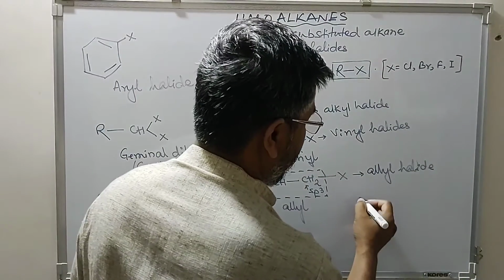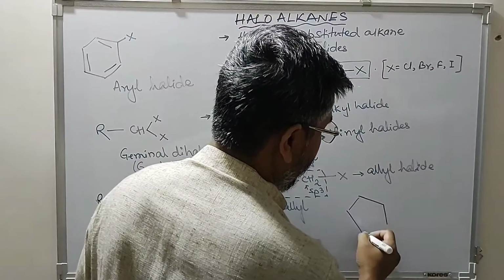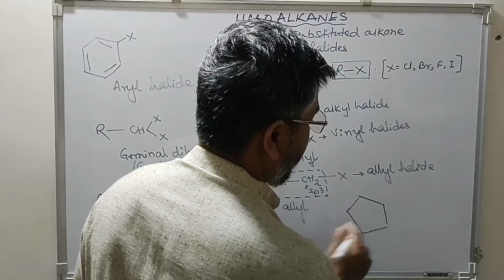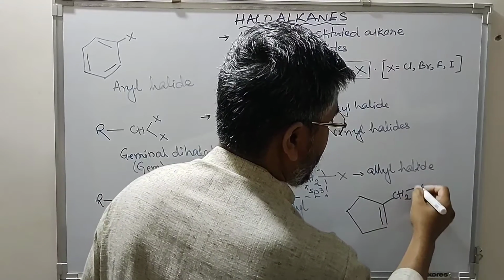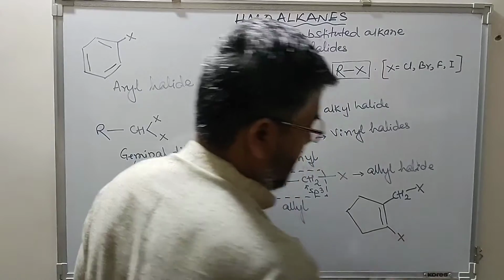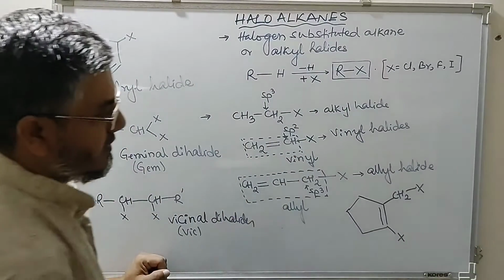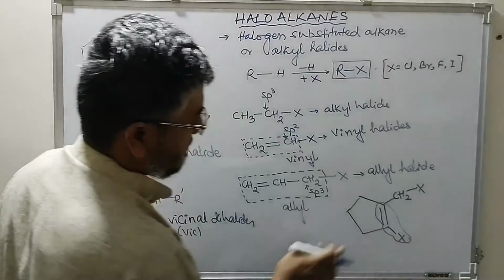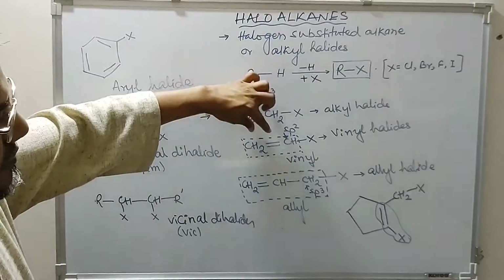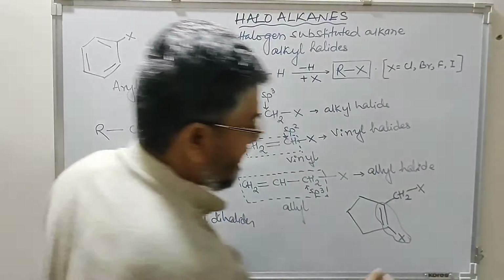So take this compound. So we have CH2X and X. So look at this. This group is similar to this group. So this is vinylic part.